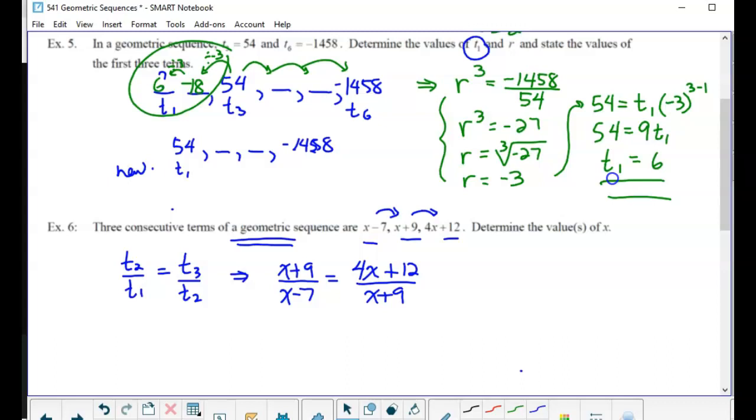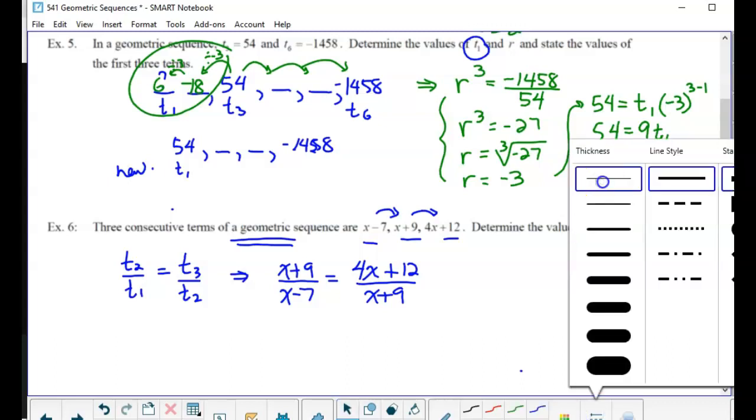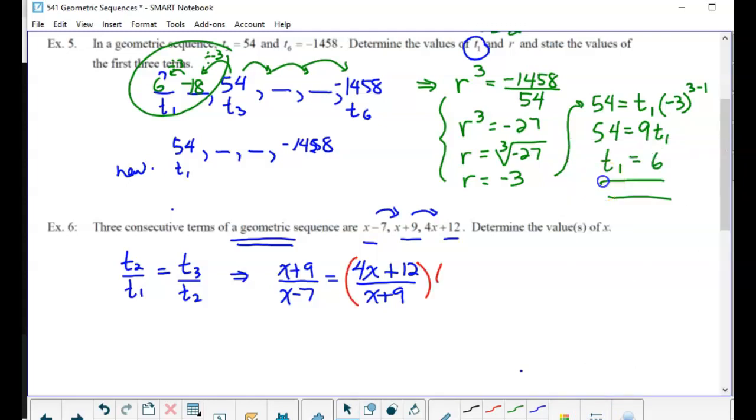Now, it's one fraction on each side, so you could cross multiply or multiply through by the lowest common denominator. Right, so those divide out, these divide out.